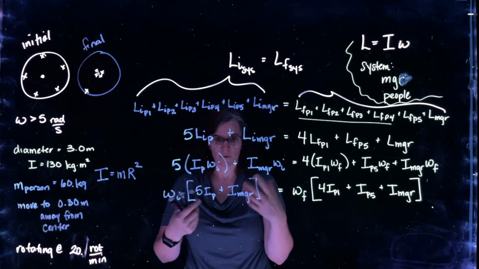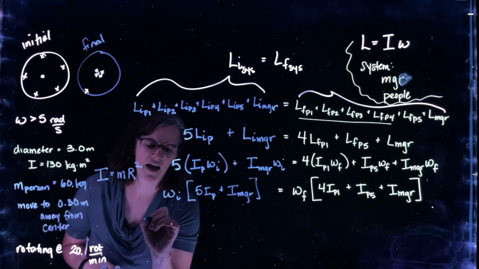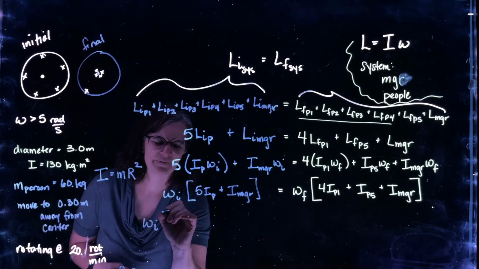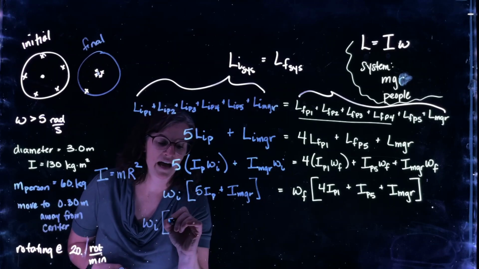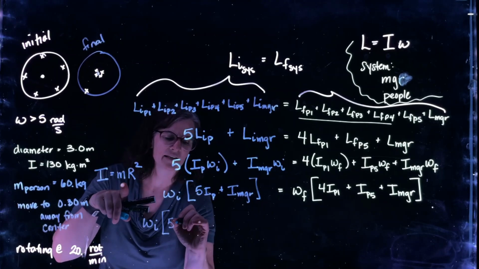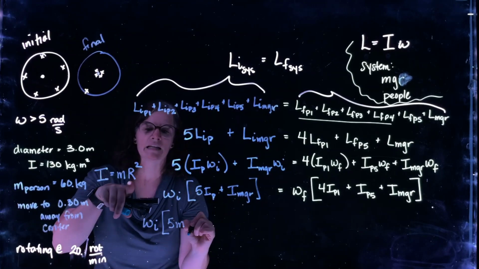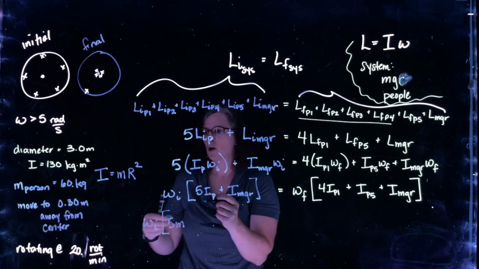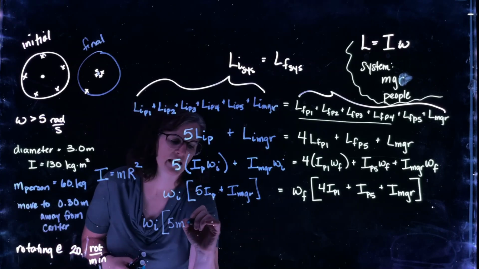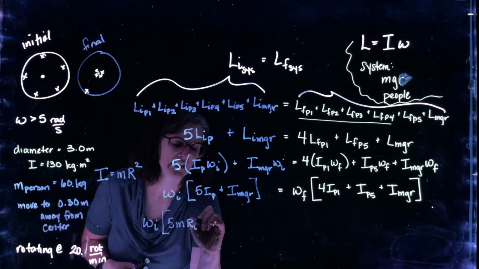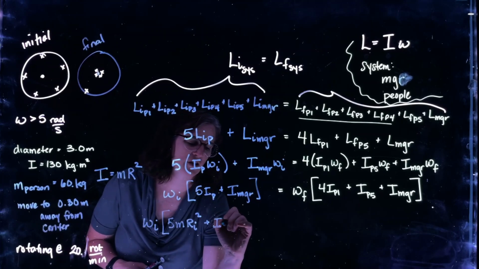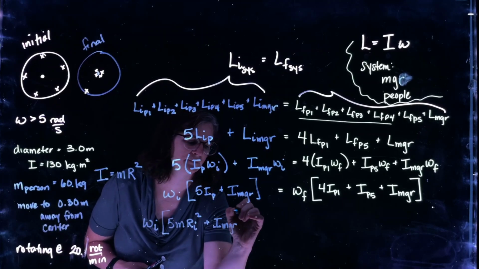So following through with that process, we have the initial angular speed times 5 times the mass of each person times the radius in the initial condition, so we're going to say radius initial squared, plus the moment of inertia of the merry-go-round.